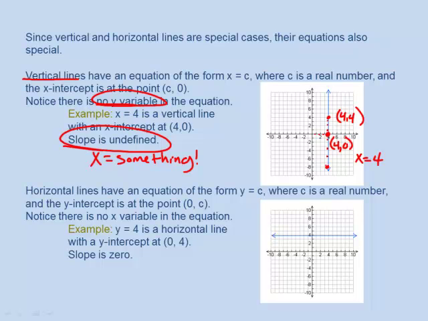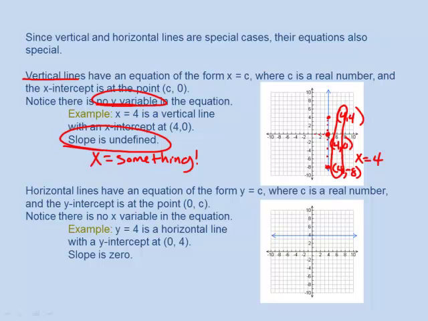If you look at this point right here, you'd be 4 to the right and 8 down. Notice that the one thing all of those points have in common is that x is equal to 4. Y, on the other hand, can be anything you want as long as x is equal to 4. So vertical lines are always missing a y variable, and the equation will always be x is equal to whatever the x value is for any ordered pair.